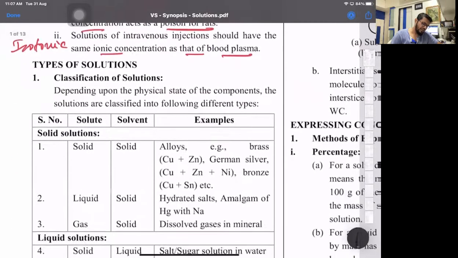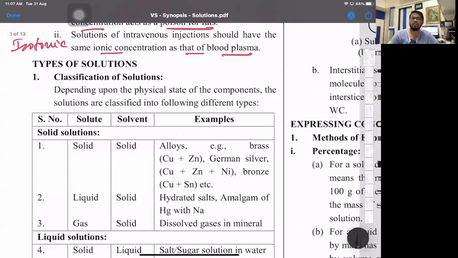So first the classification with respect to the solute and solvent part: we have a total of 9 types of solutions. Solid and solid types, mainly alloys. Is this clear? All of them, that is brass, silver, German silver, bronze, and all of them. That's solid and solid, two solids combined together. Then liquid and solid, where liquid is the solute and solid is the solvent. That's basically the hydrated salts, amalgams of mercury with sodium.